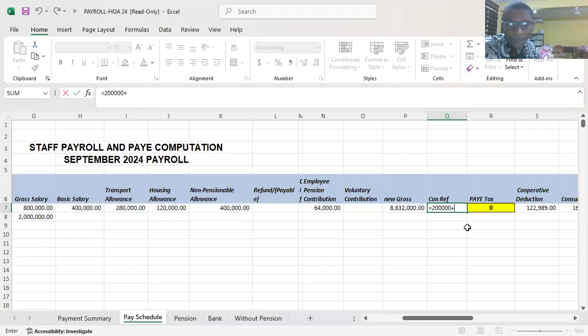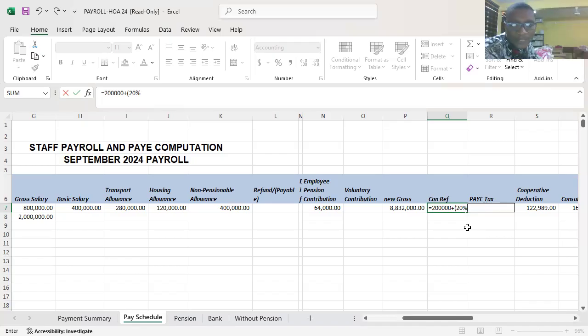So we're going to have 200,000 plus, open brackets, 20% multiplied by what? 20% multiplied by, is it the new gross or the old gross? It's going to be on the new gross.